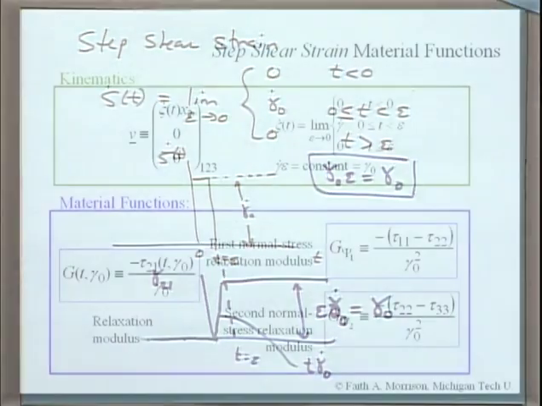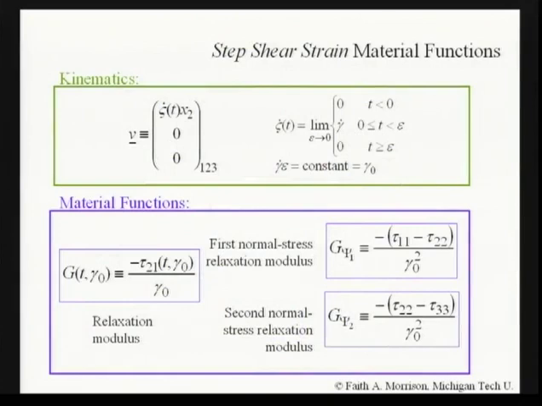Now, the material functions for this flow are defined just like they are in the steady shear and the startup of steady shear experiments: you measure a shear stress, a first normal stress difference, and a second normal stress difference. The material functions defined in this flow are moduli. This is the relaxation modulus.